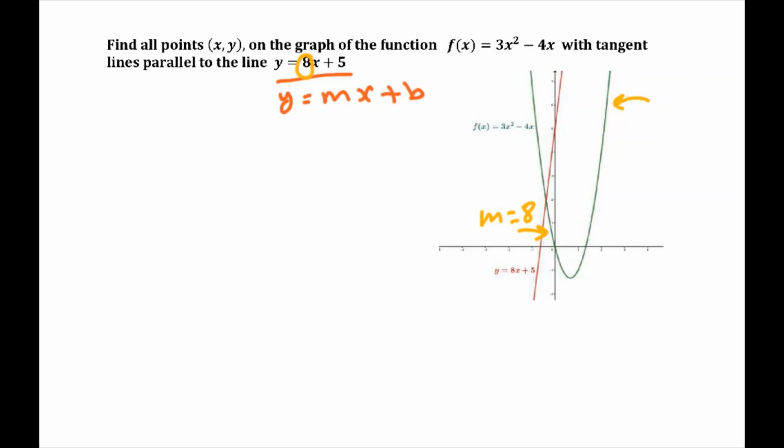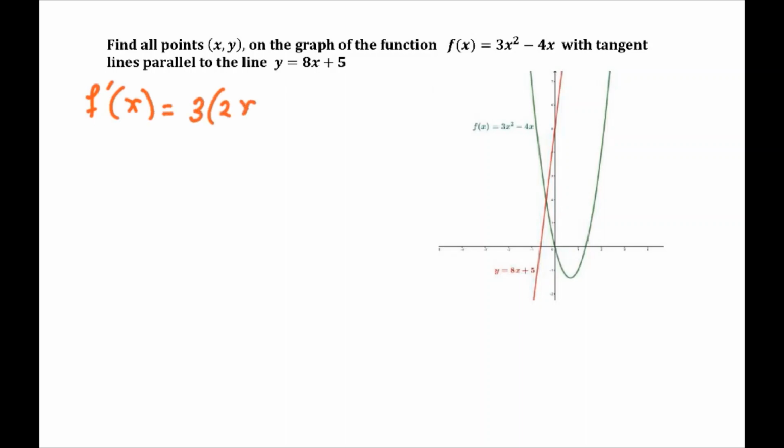Okay, so now we're going to try to find the derivative, because the slope of the tangent is the derivative. So now if I try to find f prime of x, which is going to be equal 3 times 2x to the power 2 minus 1, minus 4, that's equal 6x minus 4. That's my slope, right? And it should be equal to 8.